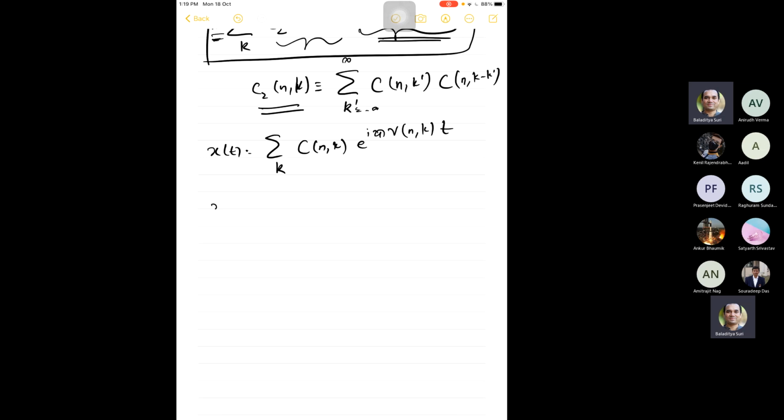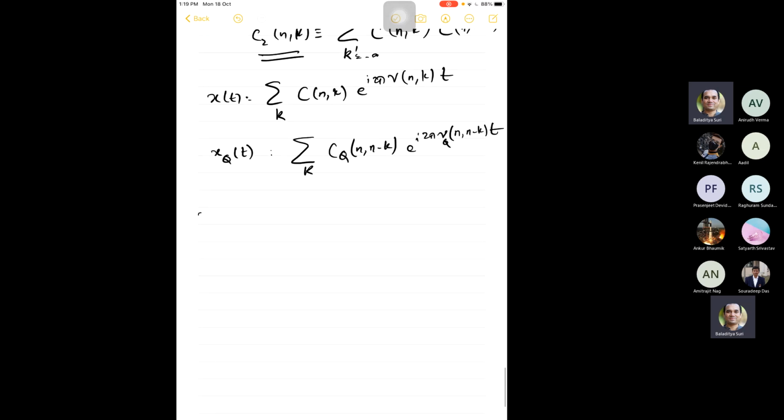This is the classical formula. Let's call it xq of t, which will be summation over k of cq n minus k, e to the power of I 2 pi nu q n minus k t. This is the quantum equivalent Fourier series expansion. Now I want to construct xq squared. How do I write xq squared?